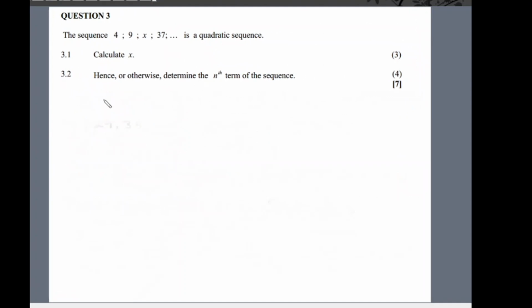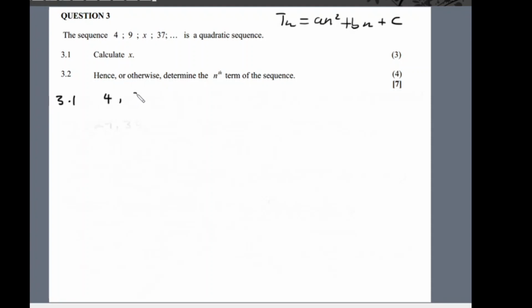Right, so we have a quadratic sequence. Remember, once you hear quadratic sequence, you must think of Tn is equal to an squared plus bn plus c, and then you must think of a second common difference. So 3.1, they want us to calculate x from that quadratic sequence.